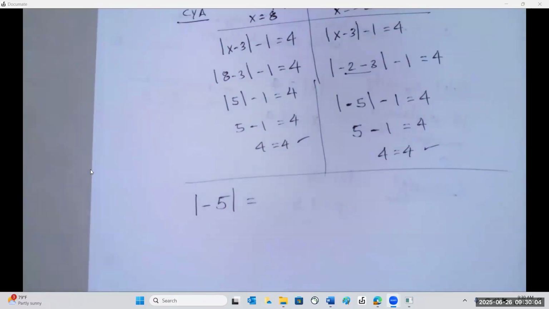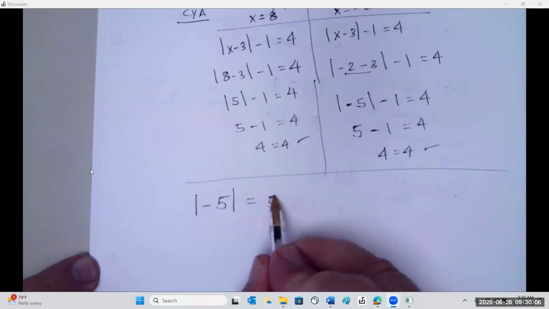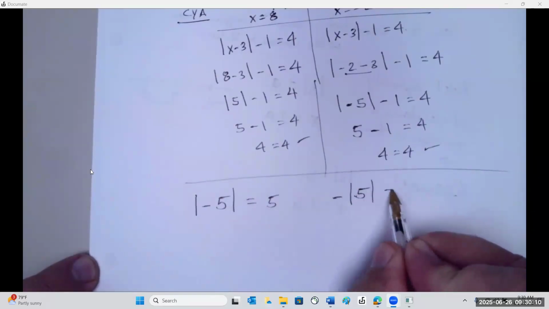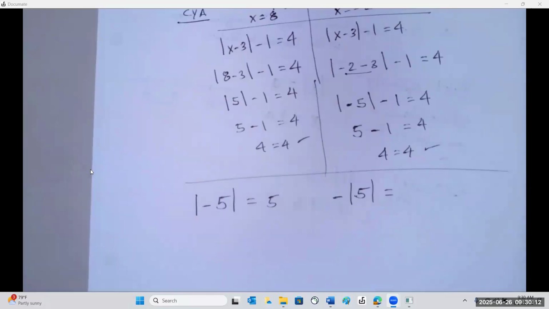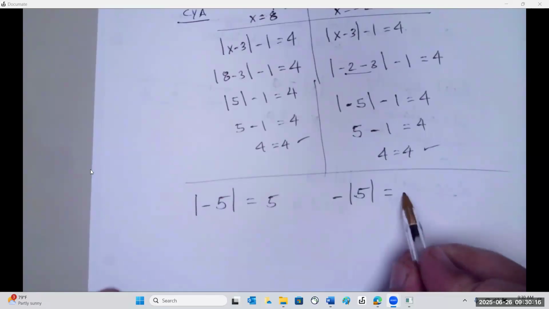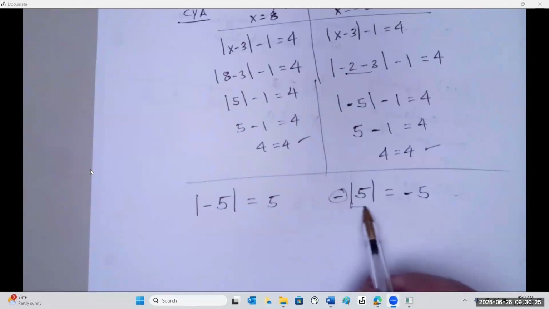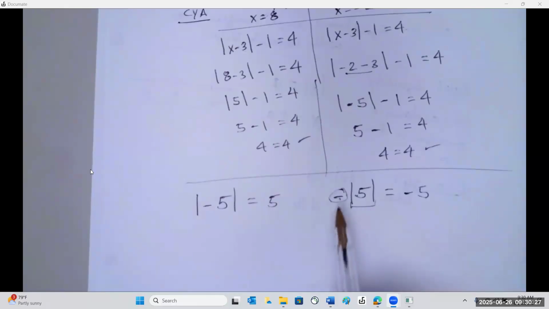What's the absolute value of -5? What's the negative absolute value of 5? Negative 5, because the negative is outside. Order of operations: the absolute value of 5 is 5, with the negative in front of it.